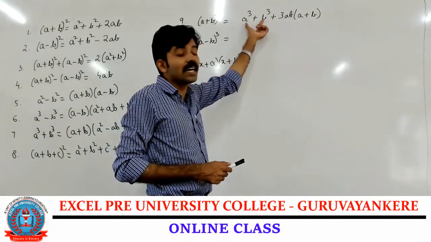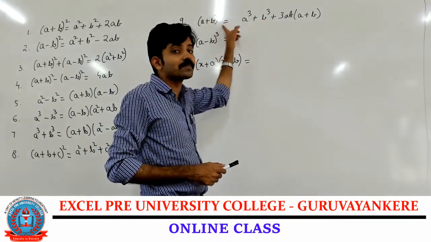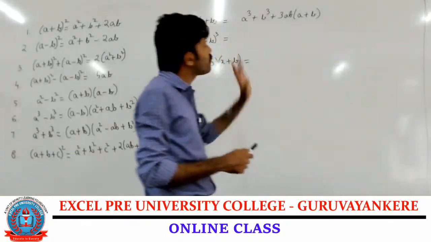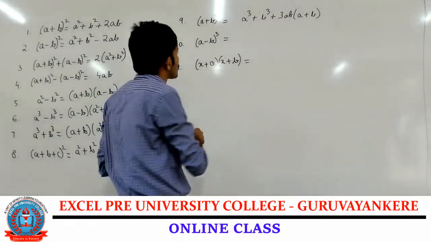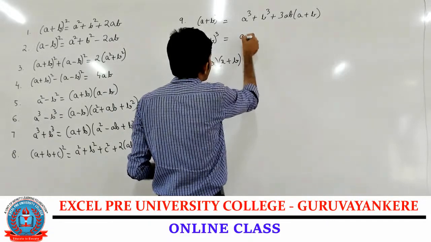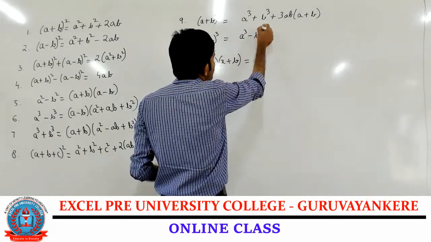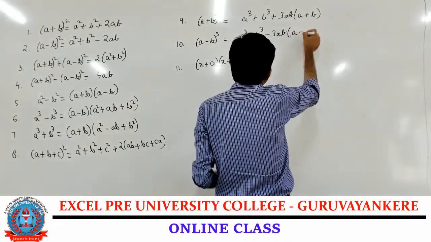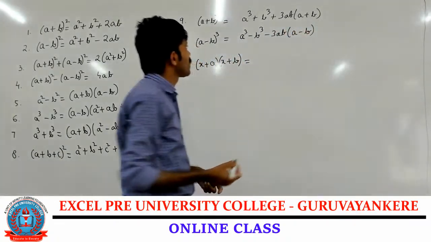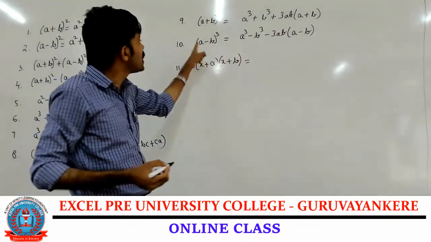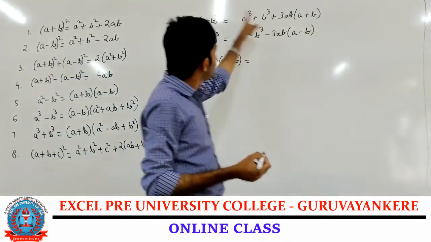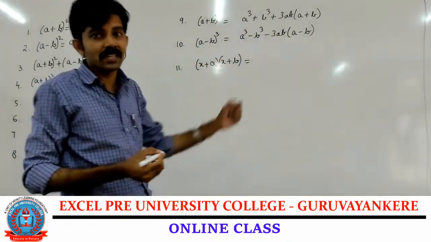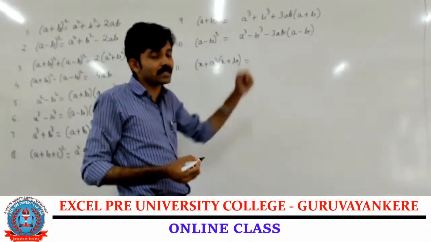Okay, (a minus b) the whole cube is a cube minus b cube minus 3ab into (a minus b). a cube minus b cube is (a minus b) the whole cube plus 3ab into (a minus b). Another formula for a cube minus b cube.